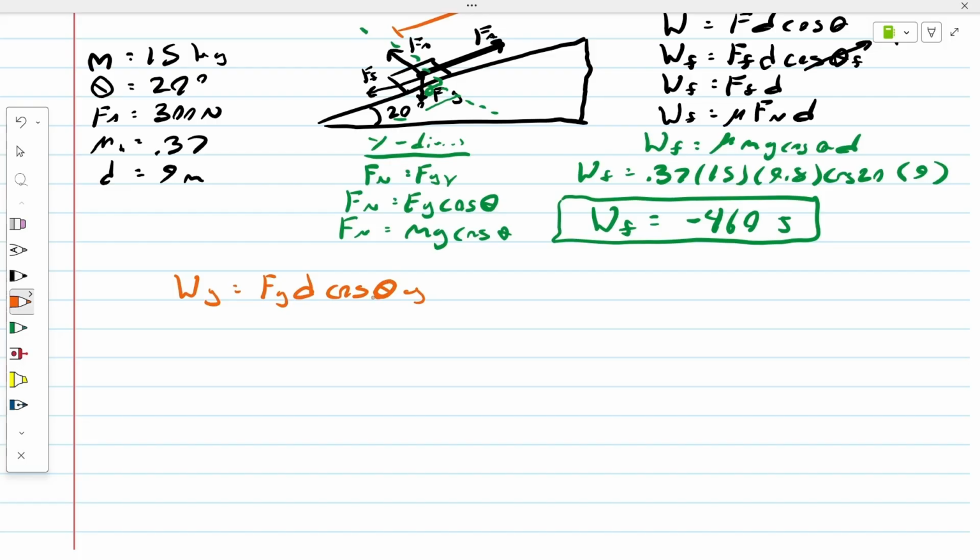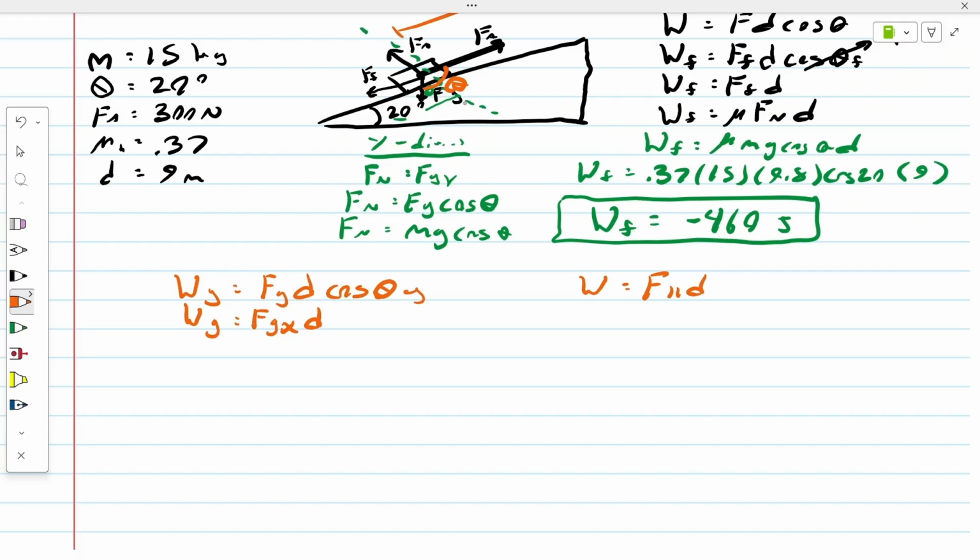We could try to find the angle between the force due to gravity and the force applied, which wouldn't be too difficult. We could add 20 to 90, but we could also use the version of the work equation where the force is parallel to the distance. And we know the force that's going to be parallel to the distance is that Fg in the x direction. So then we can plug in our work due to gravity as Fgx times d.